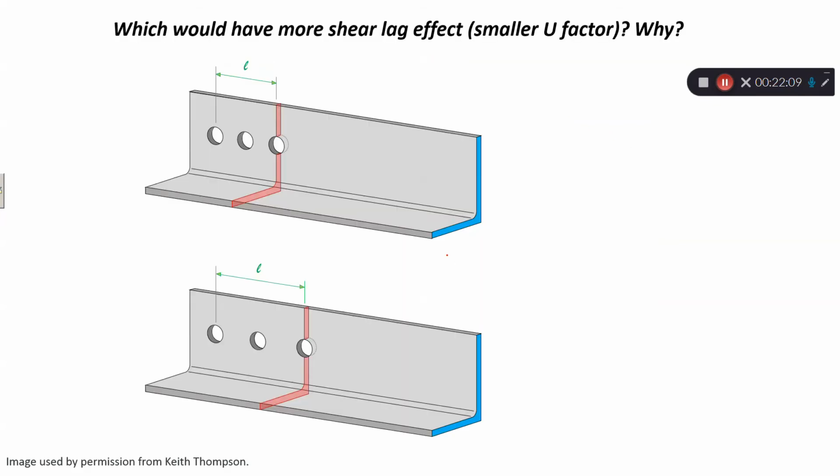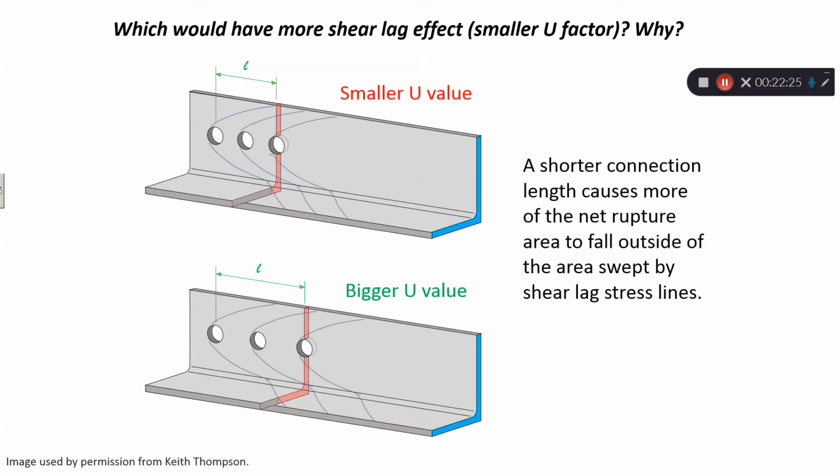Which would have more shear lag effect? More shear lag effect means a smaller U factor. Say we have a shorter connection and a longer connection. The area enclosed within the stress lines is the stressed area.